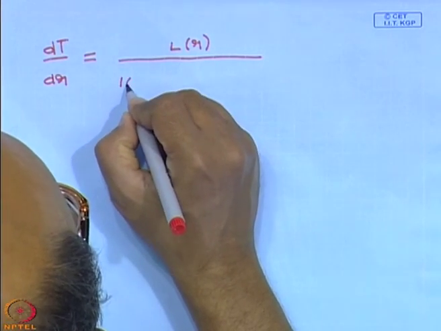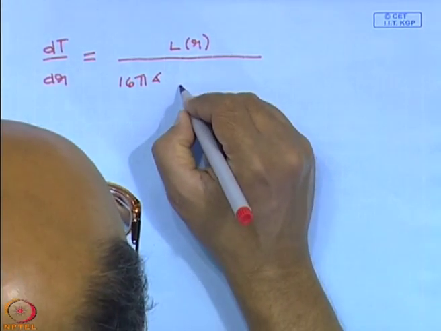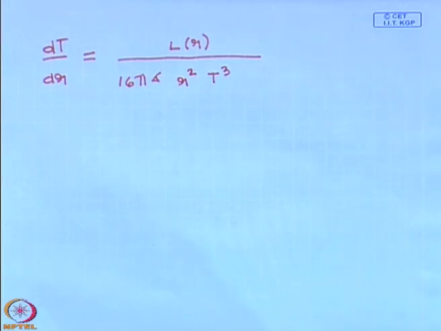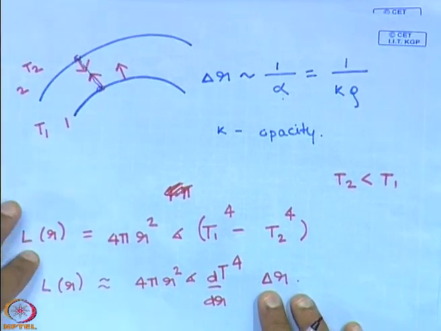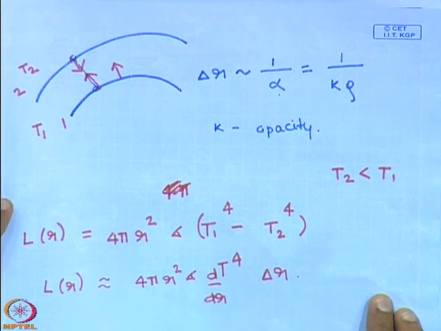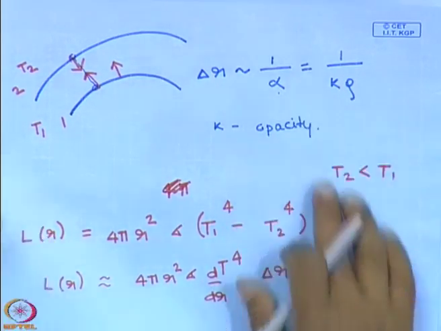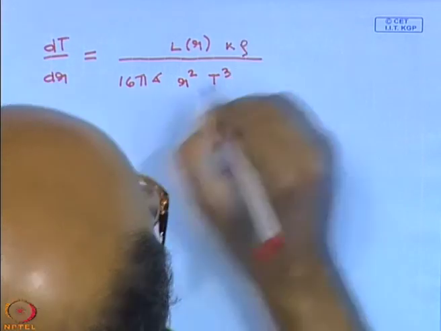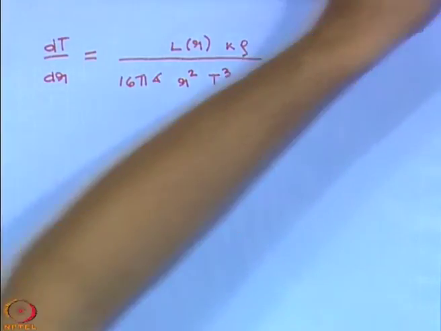So, let me write it like this: 16 pi sigma r square T cube, and then I have 1 by delta r, and delta r we know is the mean free path, which is 1 by kappa rho. Okay. So, we have 1 by delta r, so we have to multiply with kappa and rho. This gives the temperature gradient in the sun, in a star.